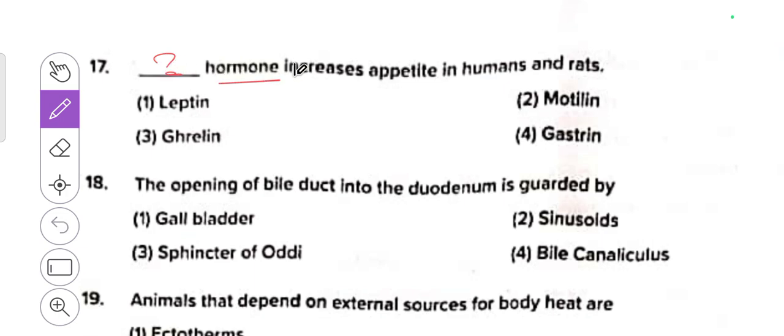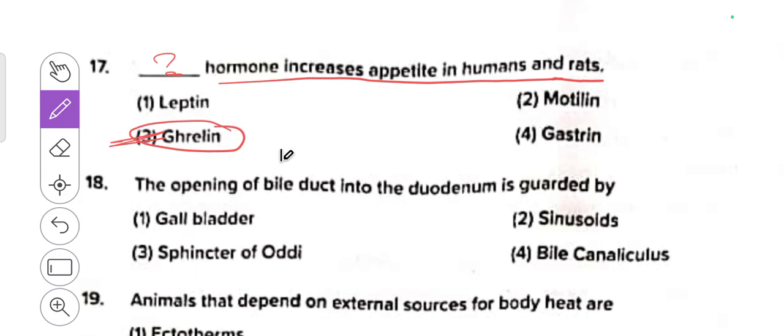Dash hormone increases appetite in humans and rats. In humans and rats, the hormone which increases appetite is ghrelin. So 3 is the right answer, as this will increase appetite.